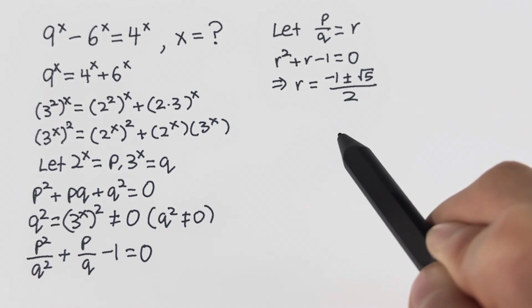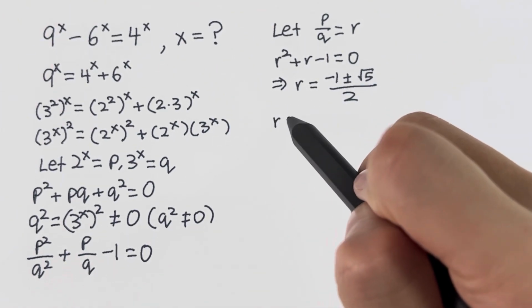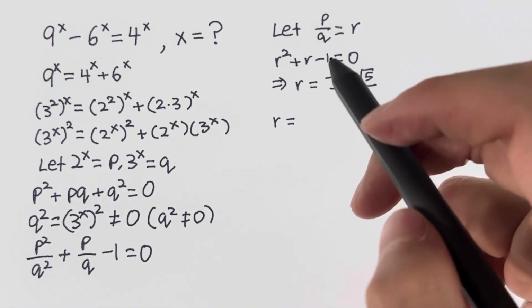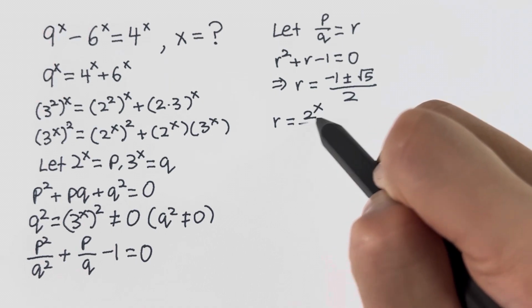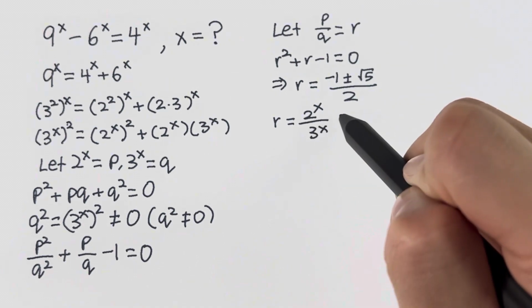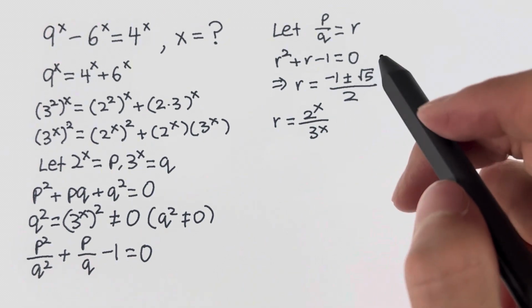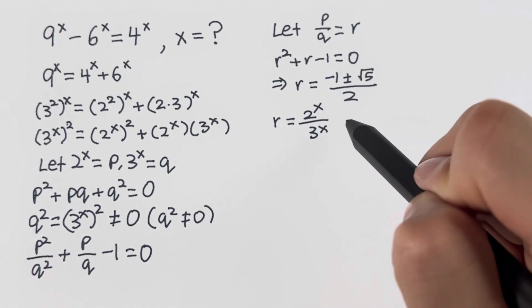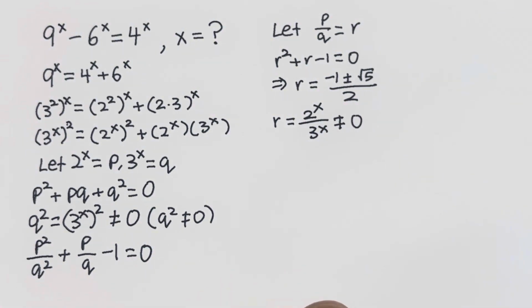However, there's actually only one solution for r, because we know that r equals p over q. p over q equals 2 to the power of x divided by 3 to the power of x. And since these are both exponential functions, they won't equal 0, so the quotient will not equal 0 either. But it's not only not equal to 0.